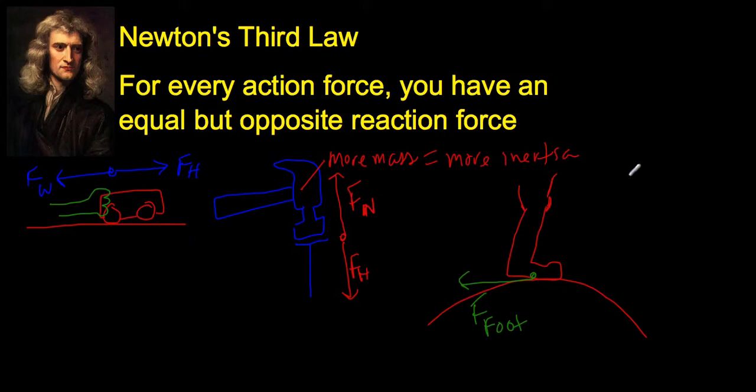We know from Newton's second law, which was F equals ma, in order for us to move forward, we have to have some type of accelerating force. So for us to move forward, we have to have something pushing against us. And in this case, it's the earth. The earth pushes us forward. And again, equal forces. Whatever we push back, the earth pushes forward.